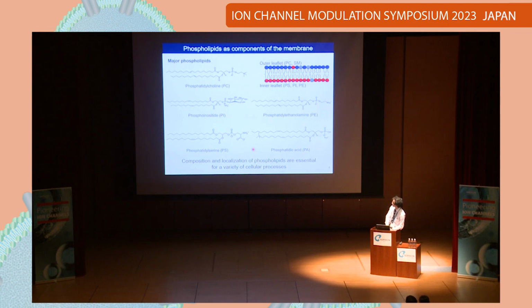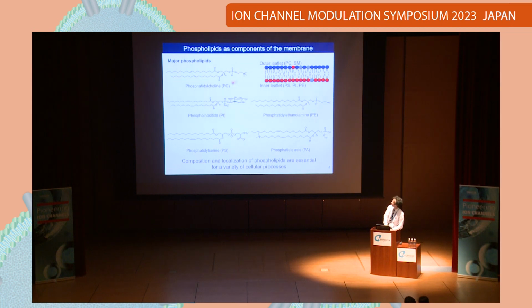Given that the membrane structure should be dramatically changed during myogenesis, we are interested in the distribution of phospholipids in the membrane. It has been shown that phospholipids are asymmetrically distributed.